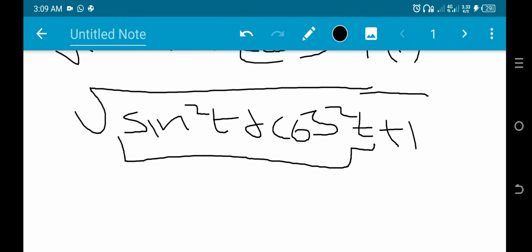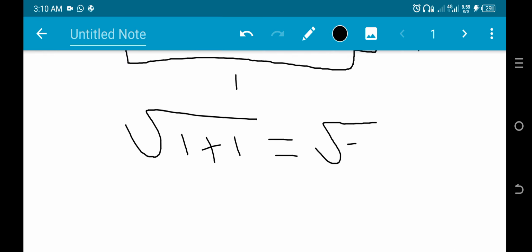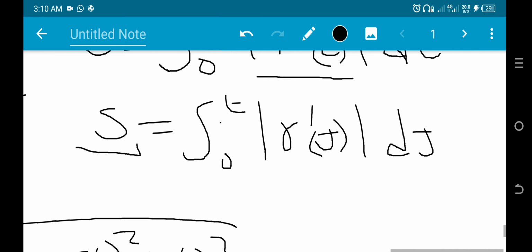But sin squared j plus cos squared j is just the same as sin squared t plus cos squared t, which is just 1. So now under the root we have 1 plus 1, which is just the root of 2. So this is what we are going to take and replace in the magnitude of r prime j.